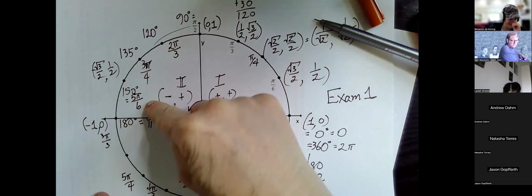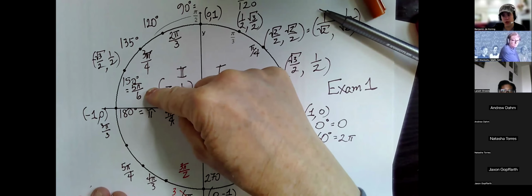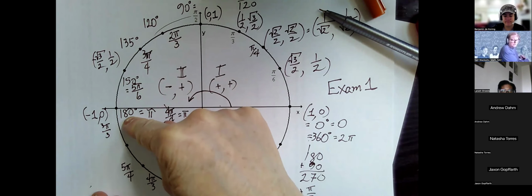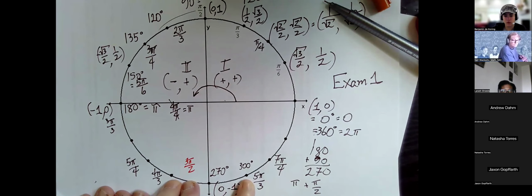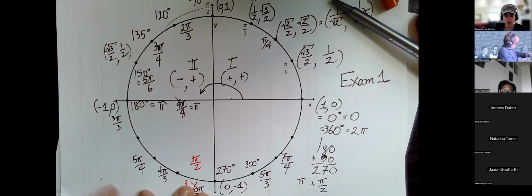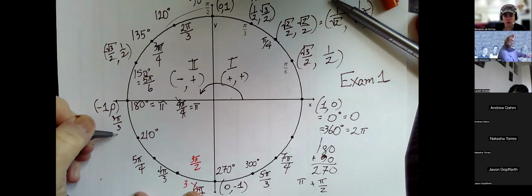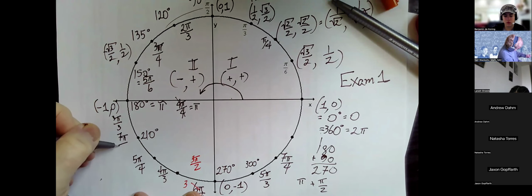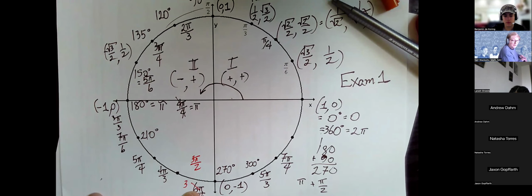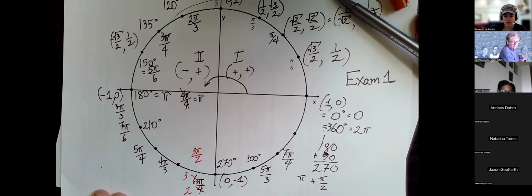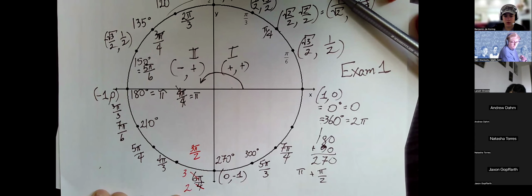And 6 pi over 6? 180. 7 pi over 6. 210. If we add pi over 6 again, where is 8 pi over 6? 240.